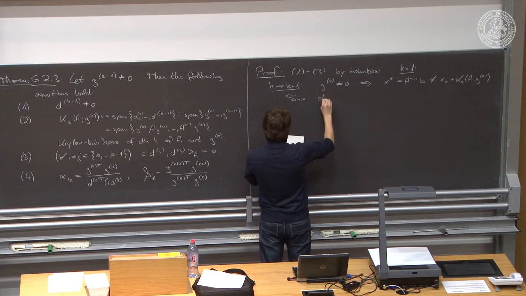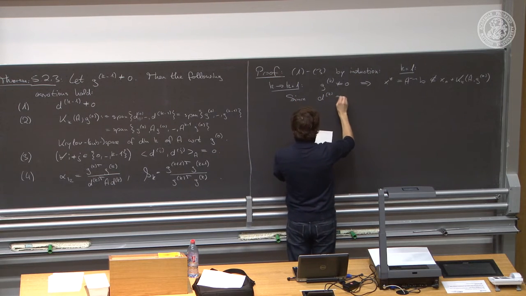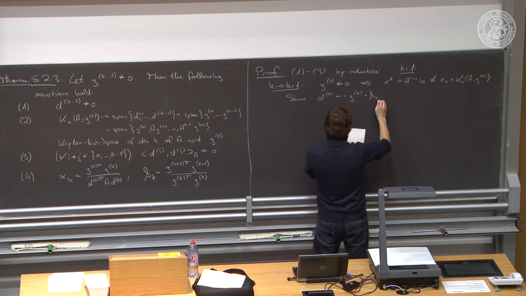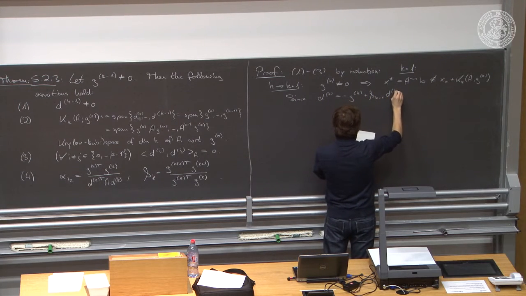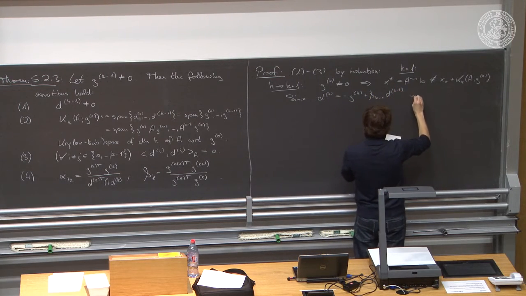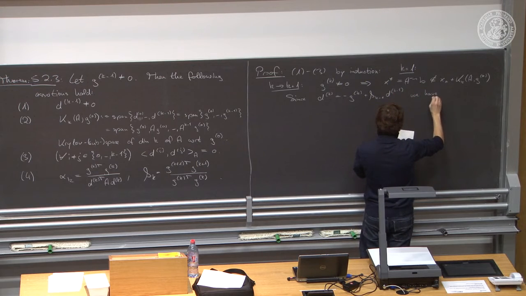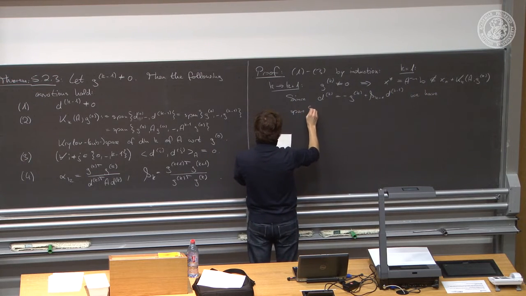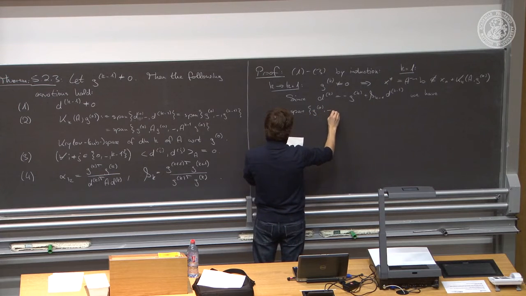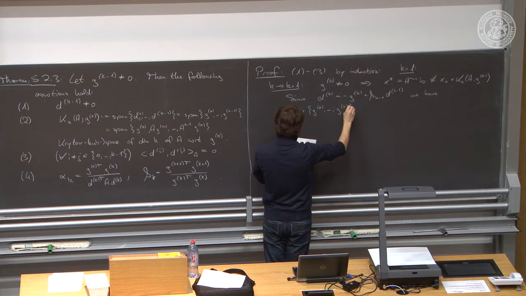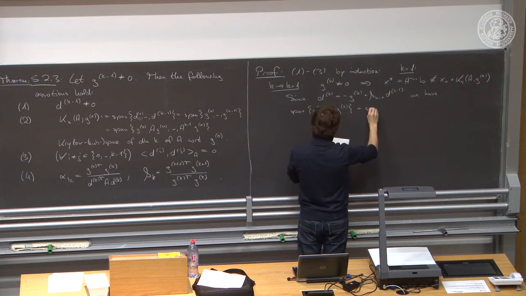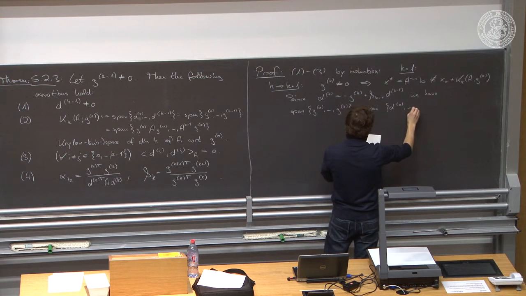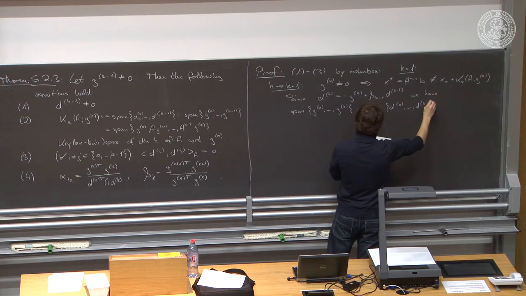Since d_k is defined as minus g_k plus beta_{k-1} d_{k-1}, we have that the span of g0 to g_k equals the span of d0 to d_k.